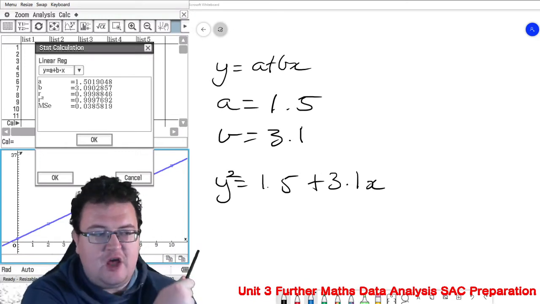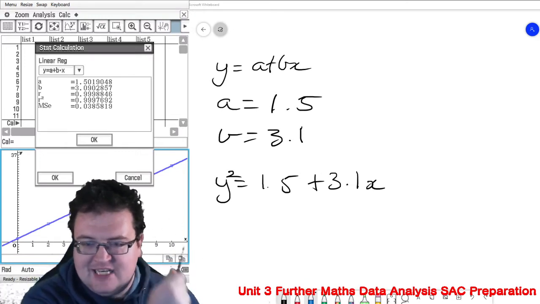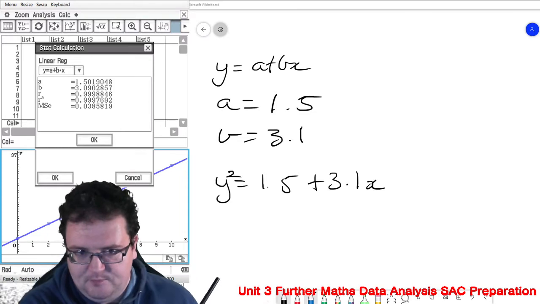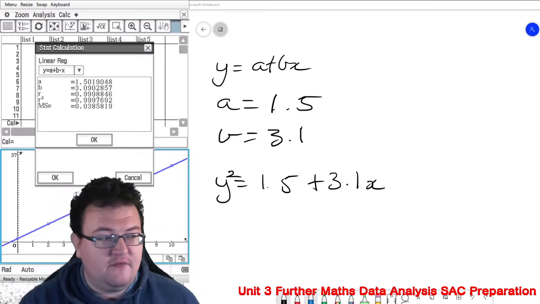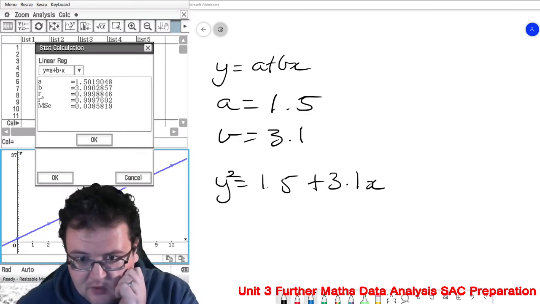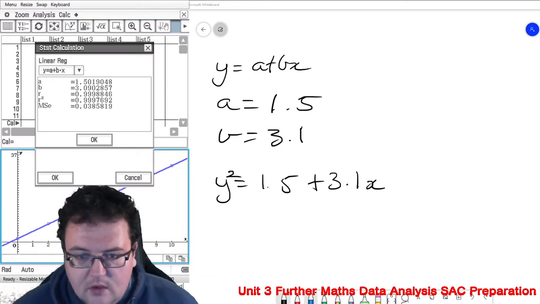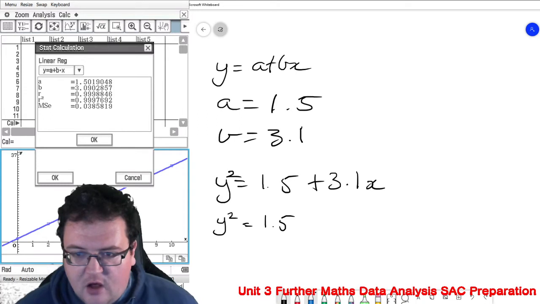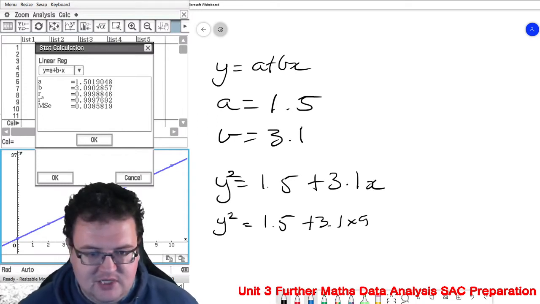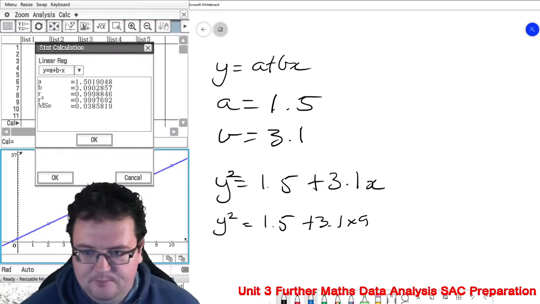This gives me the value of y squared. It doesn't give me the value of y. So I'm going to have to do a couple of extra things to it. y squared equals 1.5 plus 3.1 times 9, because it wants when x equals 9.